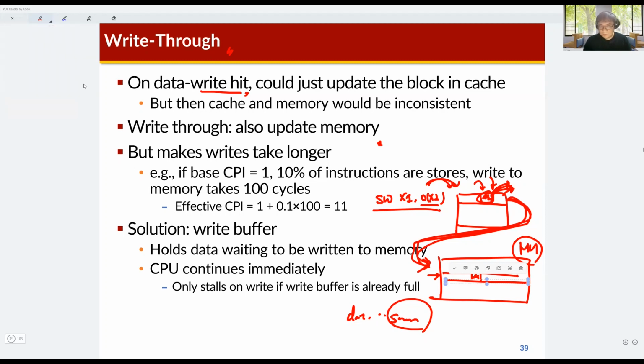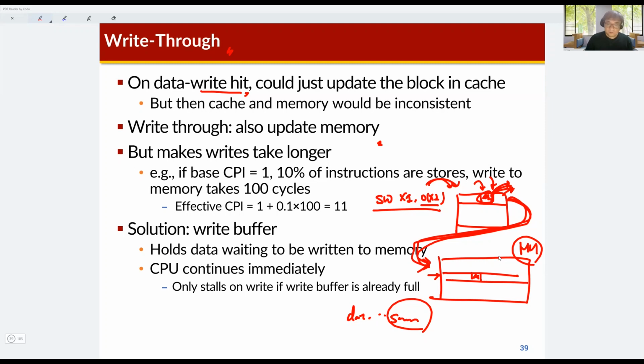Okay. So I mentioned, why do we use cache? Because the cache is fast. Cache is much faster than the main memory. But with the write-through method, when the cache content is updated, this updated cache block is sent to the main memory, and that means the main memory should be accessed for this write request from the cache.